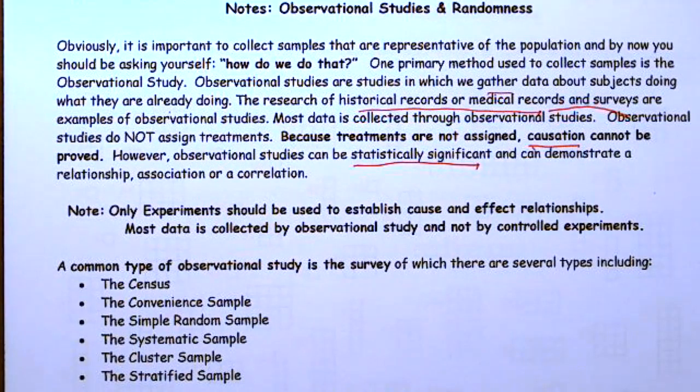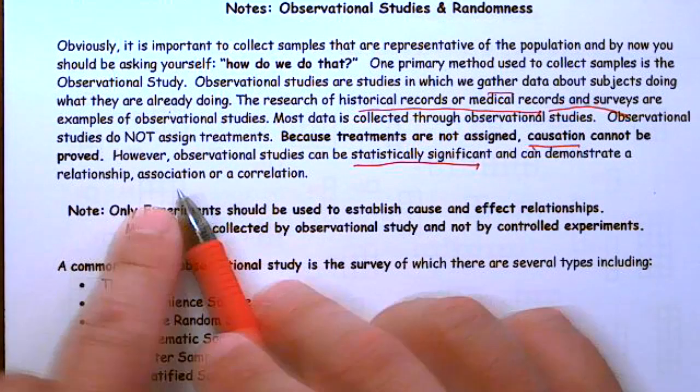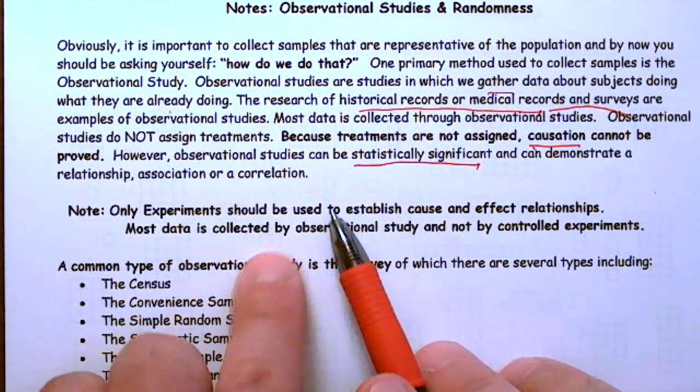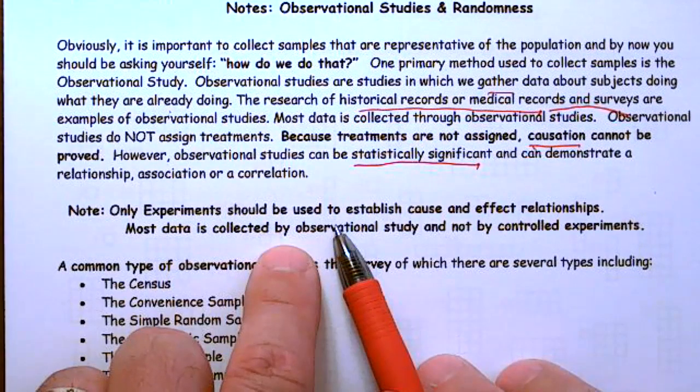Because treatments are not assigned, causation cannot be proved using an observational study, but the results can still be statistically significant and demonstrate a relationship or an association. They just do not represent a causation. Only experiments should be used to establish cause and effect relationships.